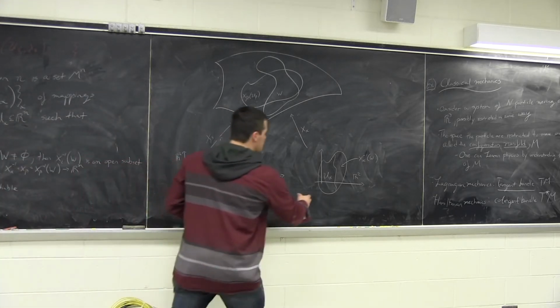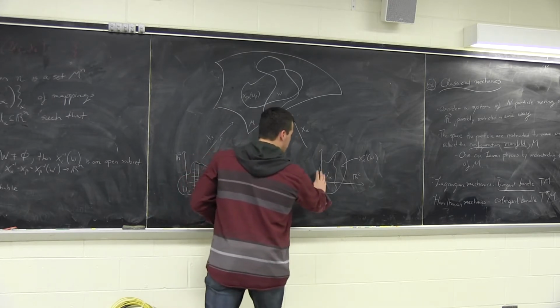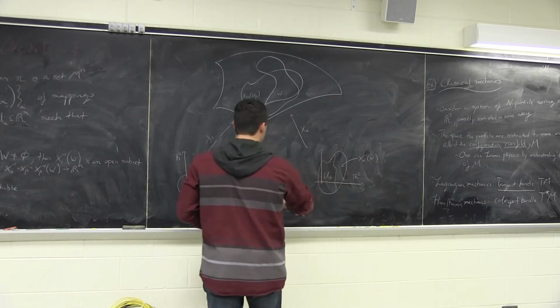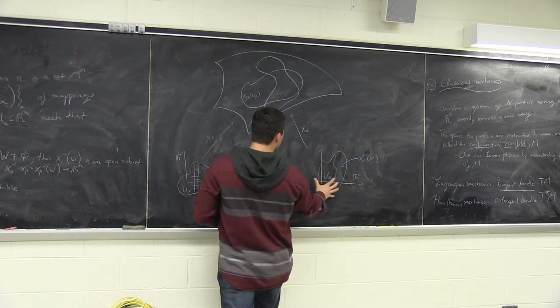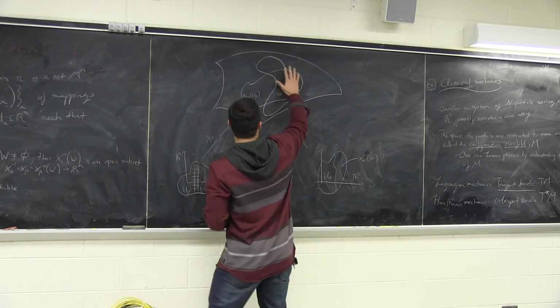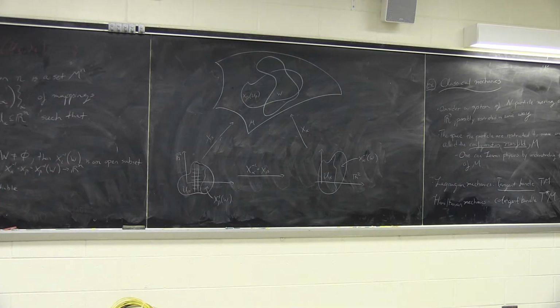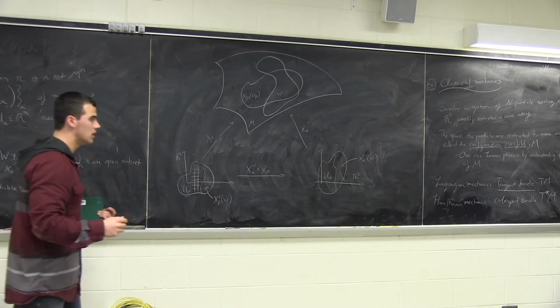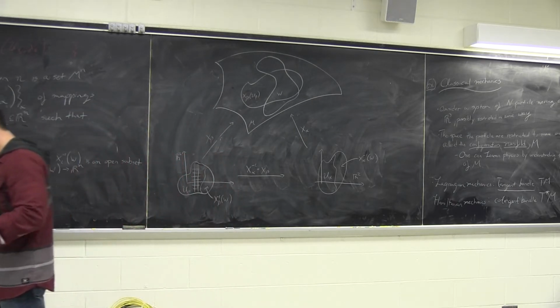And it's the same thing here. Here's another set. I'm just labeling it. This is a subset of R2, U alpha. It has coordinates on it too, just like R2 has coordinates. And I'm looking at the image of this set under this map in the manifold, which is this thing right here. It's just a coordinate patch on the manifold. It's the exact same thing I did in the example with the circle. I take half a line and fold it over half the circle. If I'm sitting in that half line on the circle, that's my little coordinate patch.